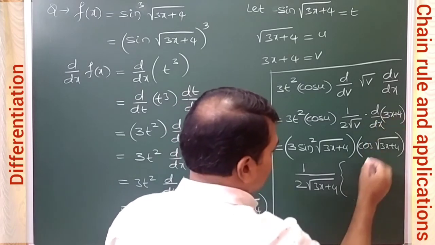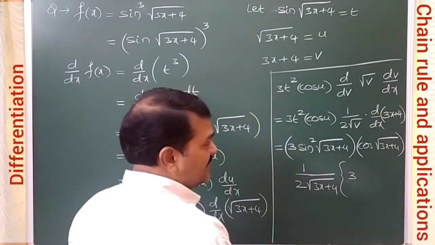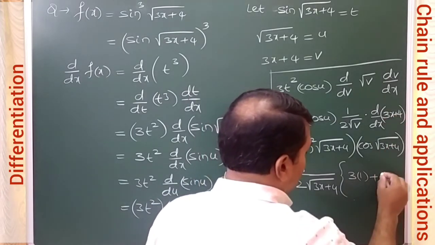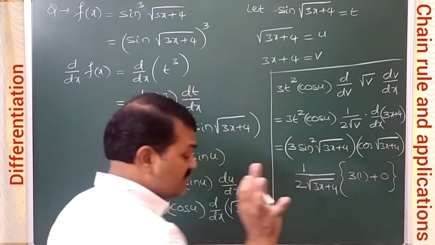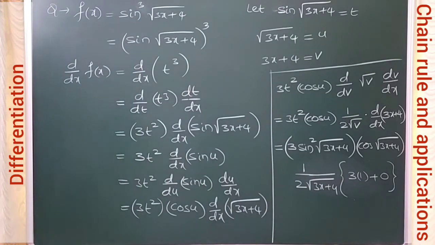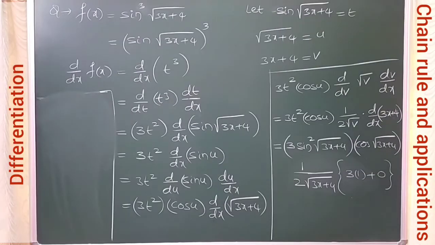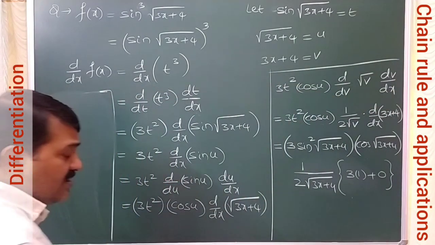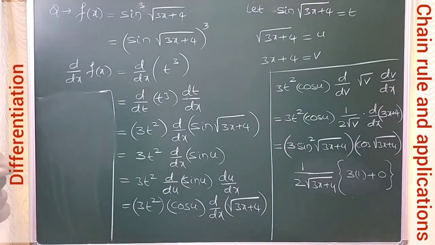Derivative of 3x is 3, written as the derivative of x is 1, plus the derivative of 4, which is a constant, is 0. So this is your answer. How many chains are we getting? Actually 4 chains.